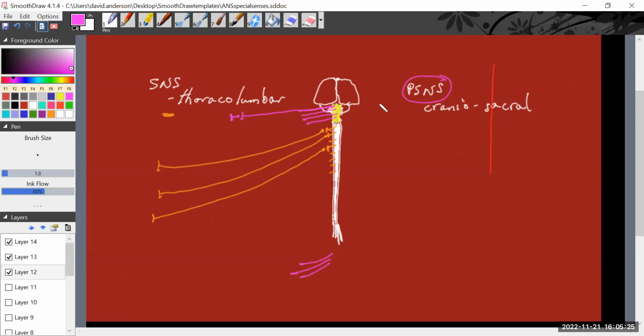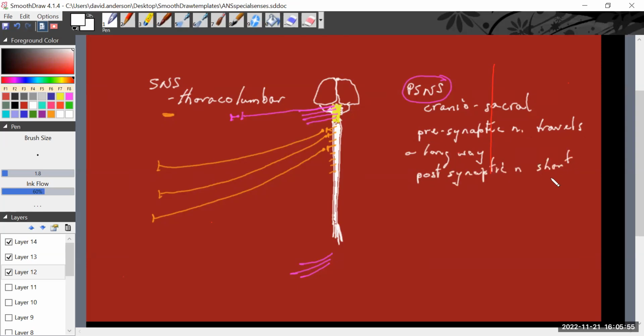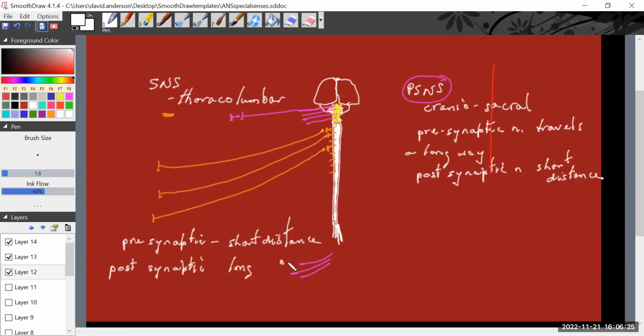Yes. Okay. So the way we would write that down is that our presynaptic neuron, and over here, we're saying presynaptic and postsynaptic, long distance.